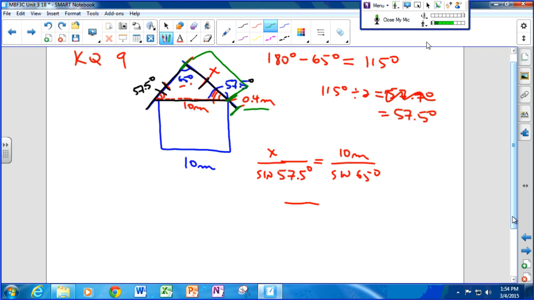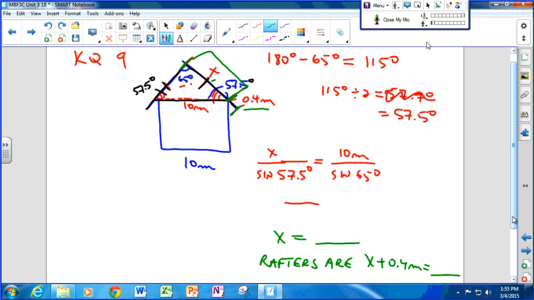There's a little overhang, and those are 0.4 meters longer than the actual x. So you're going to get your answer, x equals whatever, and then you're going to say the rafters are x plus 0.4 meters equals whatever. Okay, so that's what makes this problem a little trickier. Use a diagram and that'll help you out quite a bit.